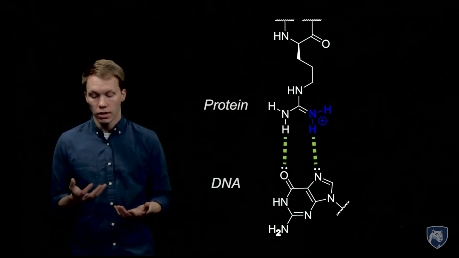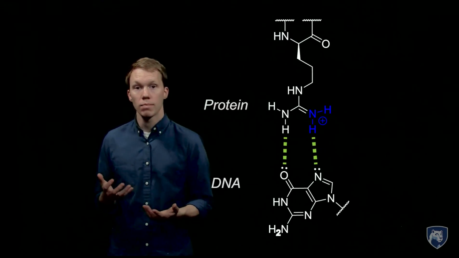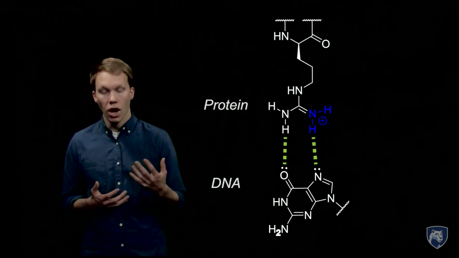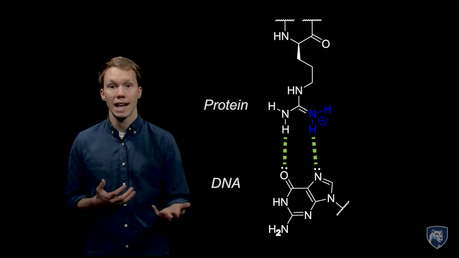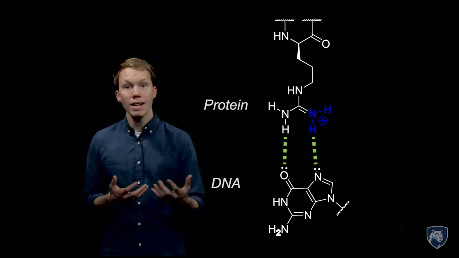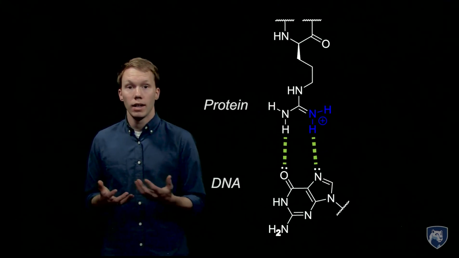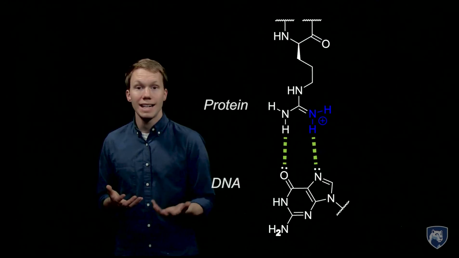So the carbon-oxygen double bond is polar with a negative dipole on the oxygen, and carbon-nitrogen bonds are polar with a negative end towards nitrogen. So the ion can coordinate with these groups in some structures in DNA, and this is also a favorable electrostatic interaction that holds these components together.